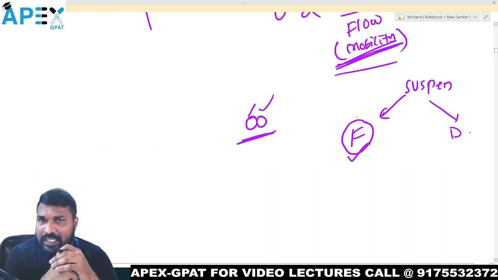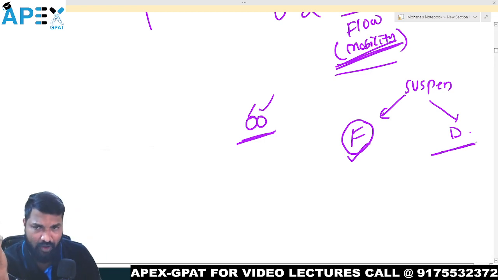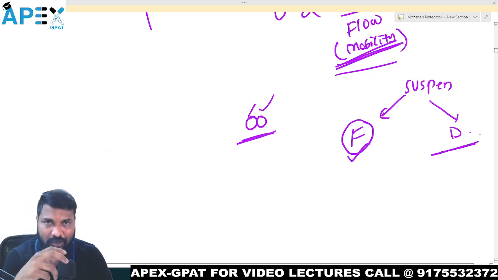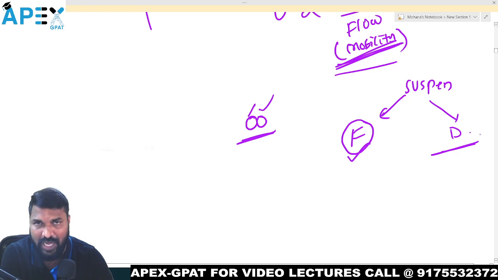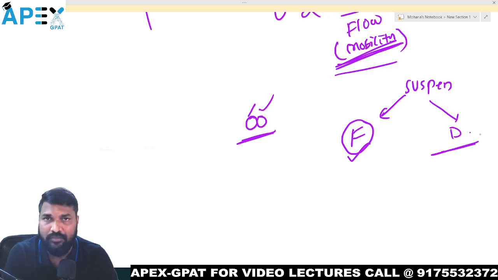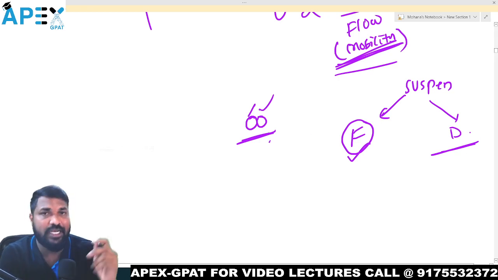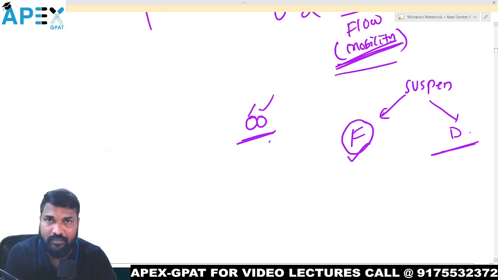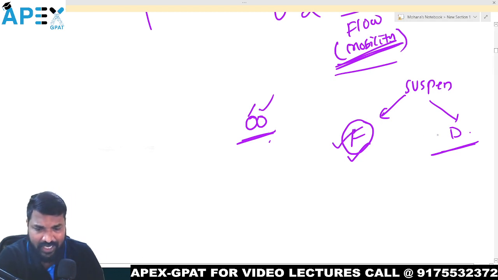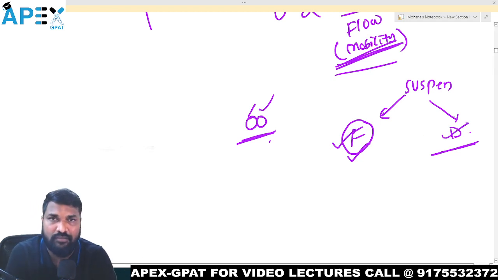What about the deflocculated suspension? Obviously, the name itself is deflocks. There are no flocks, there is no adherence between one particle and another. But in the flocculated suspension, adherence is there. Now you tell me, does plastic flow show in flocculated suspension or deflocculated suspension?